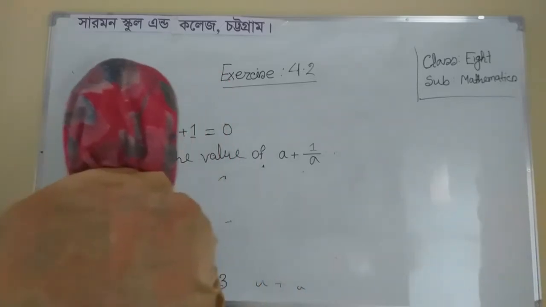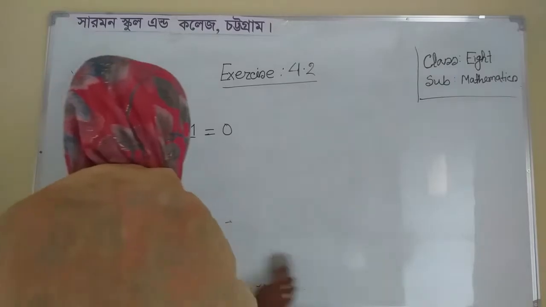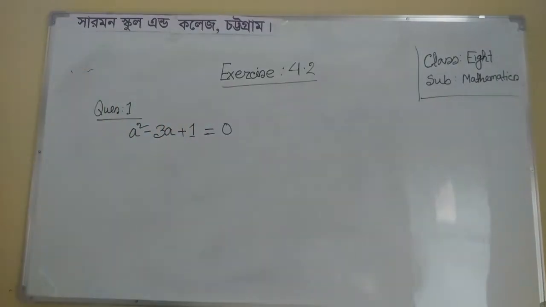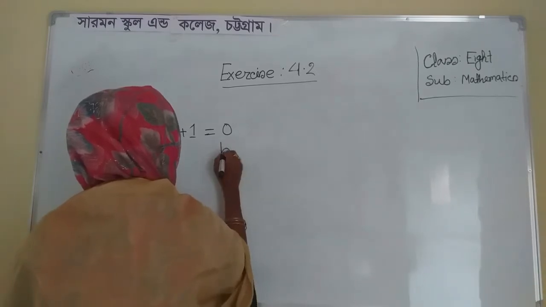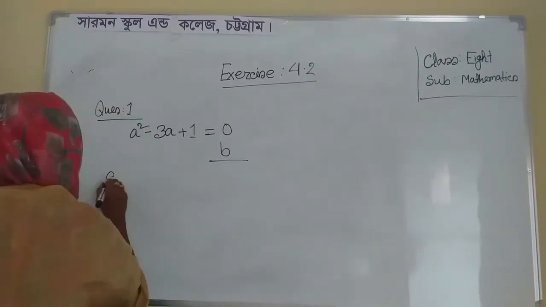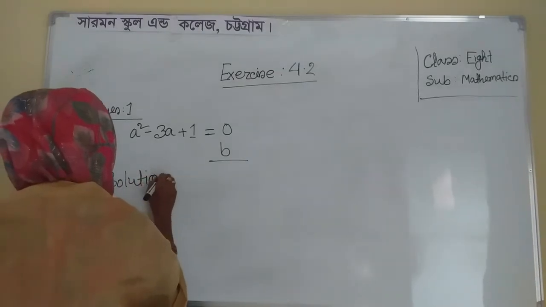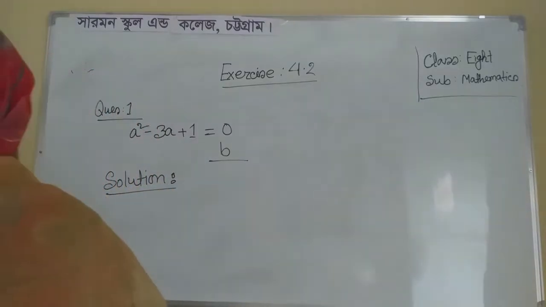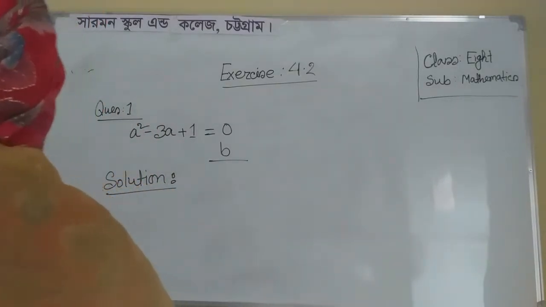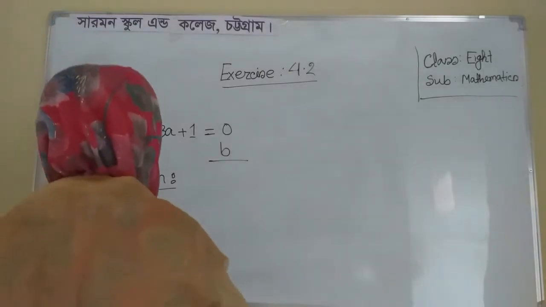Now we are going to solve problem number B. Problem number B, we have to prove that a to the power 4 plus 1 by a to the power 4 equal to 47.